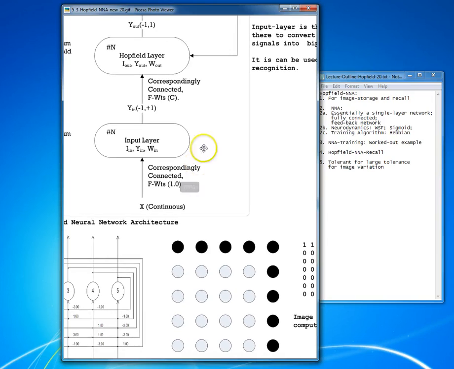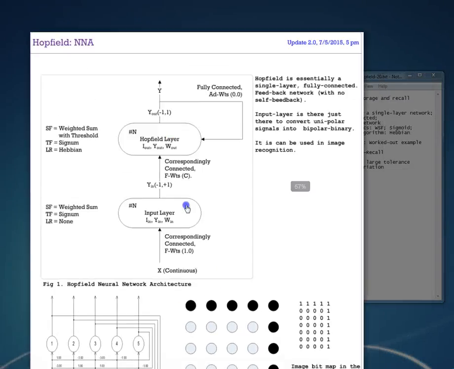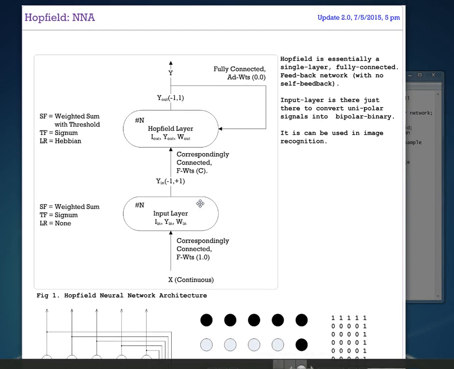As you can see here, Hopfield is essentially a single layer network. All the primary inputs, which are usually in binary format, are correspondingly connected.